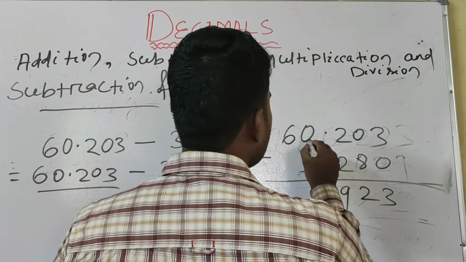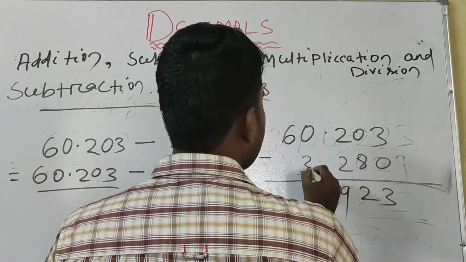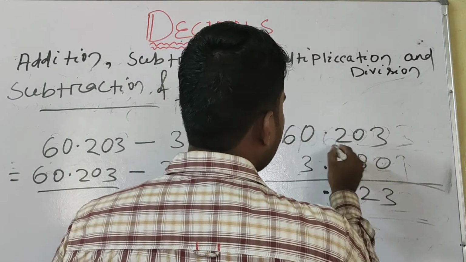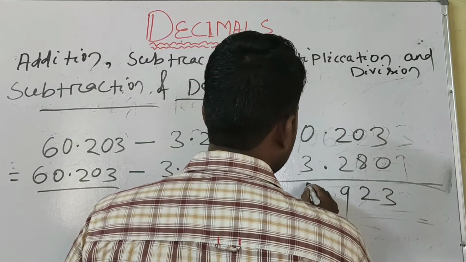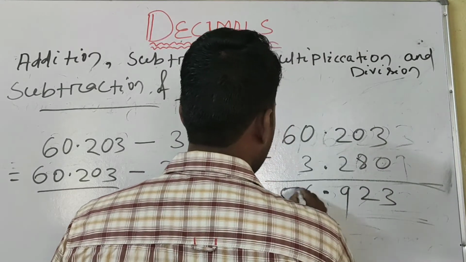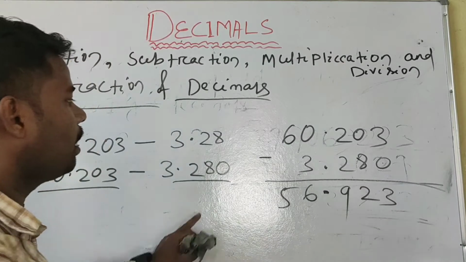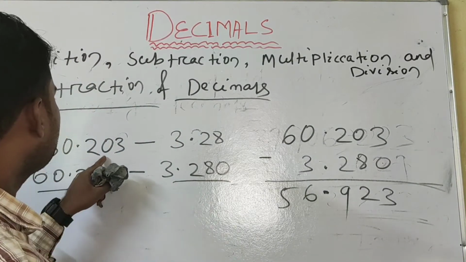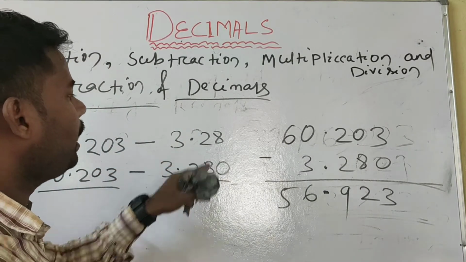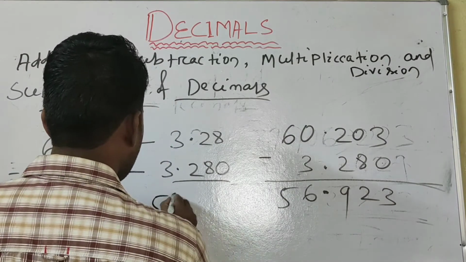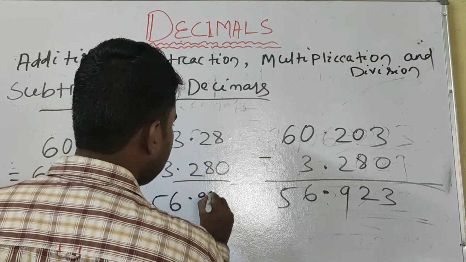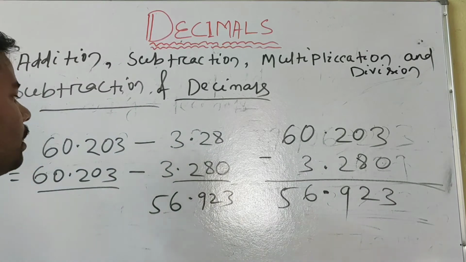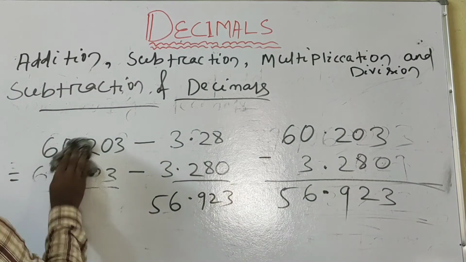Then we subtract 3, we get 9, 3, 6 and this one 5. We got 60.203 minus 3.28 is equal to 56.923. Now we'll take another example.